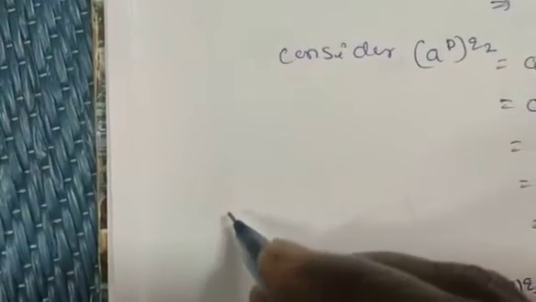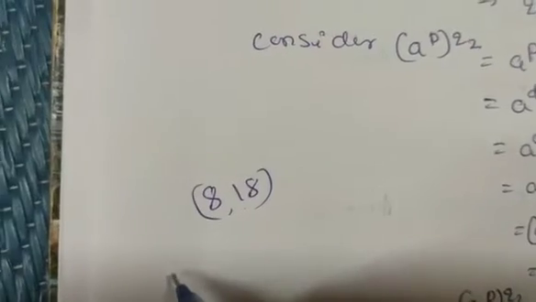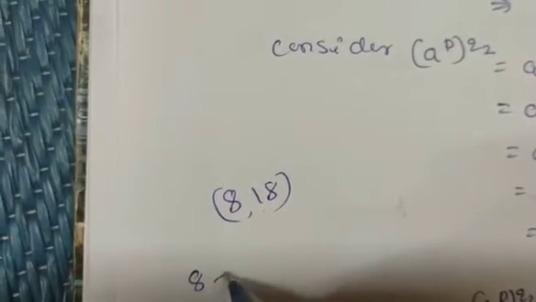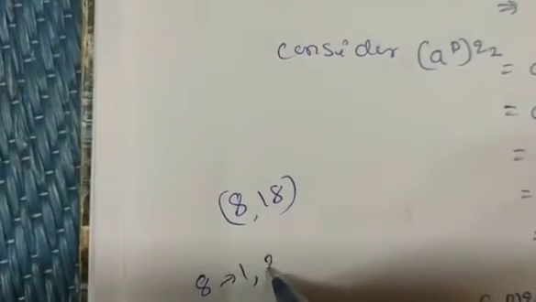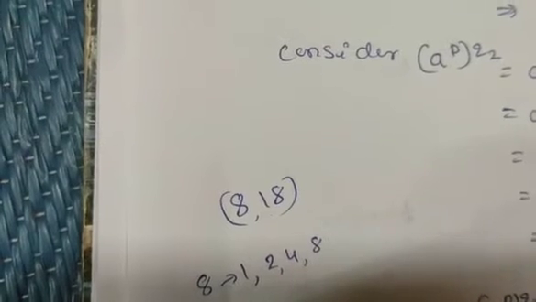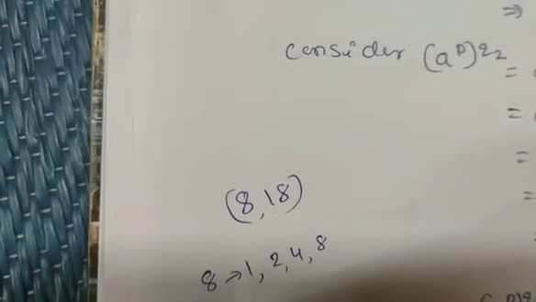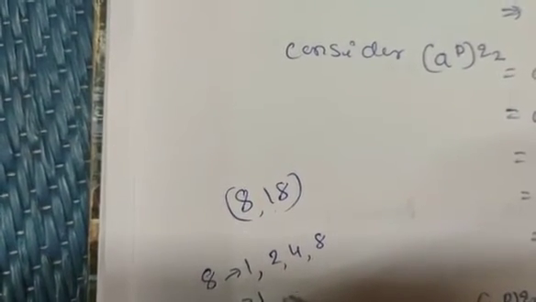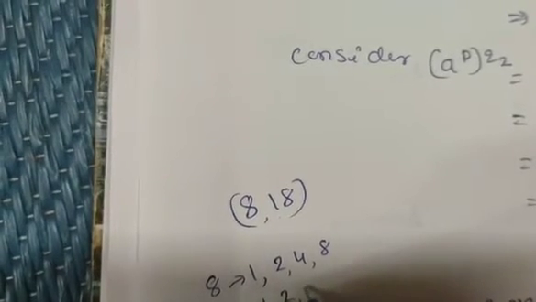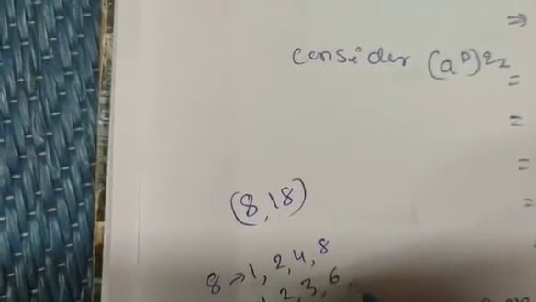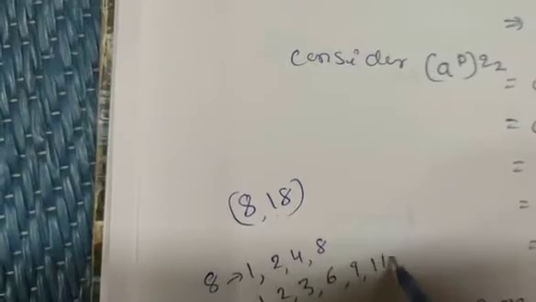So suppose we have two numbers here. Let us take 8 and 18. So the divisors of 8 and 18 are here. We can divide 8 by 1, 2, 4 and 8. And divisors of 18: 18 can be divided by 1, 2, 3, 6, 9 and 18.